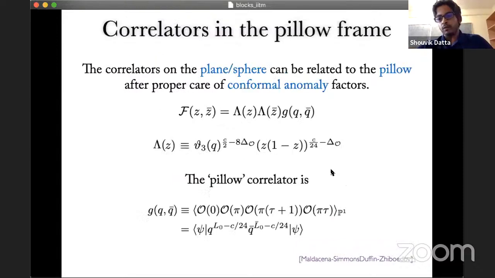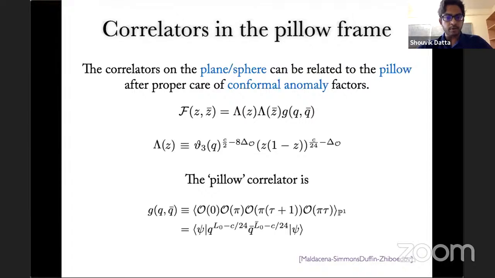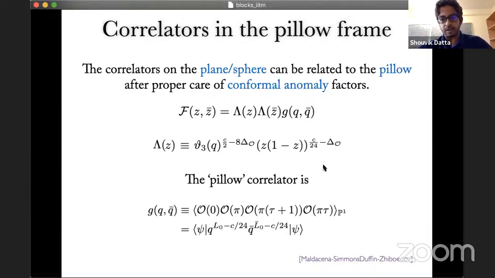And while doing this map, while going from the sphere to the pillow geometry, one has to take proper care of the conformal anomaly factors, which was done in this paper. And after one does that, one can express the correlator as a correlation function on the pillow geometry. It has got these operators, and you insert a complete set of states, and so this becomes a trace.